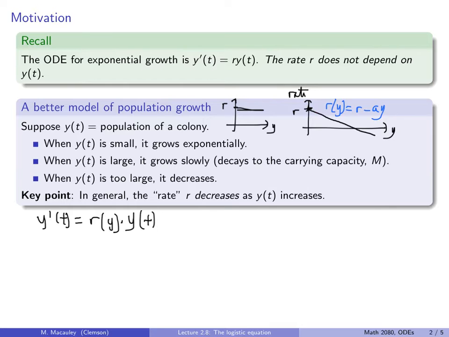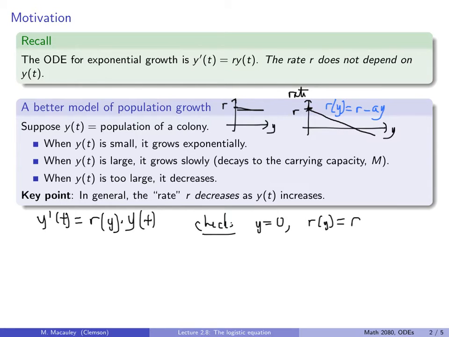So in this example, let's check to make sure this works. Let's check 3 cases. When y equals 0, r of y equals our original rate r.